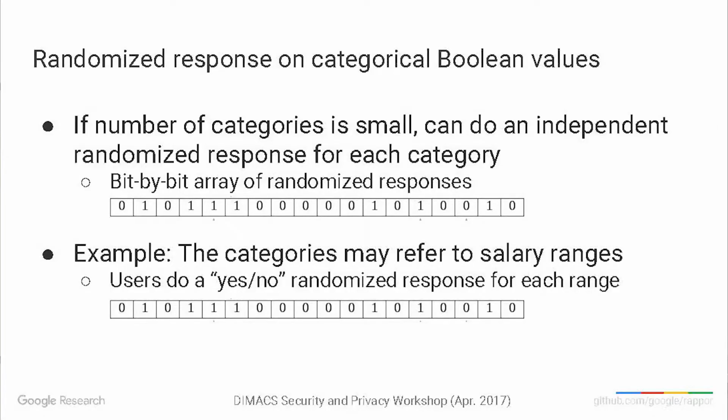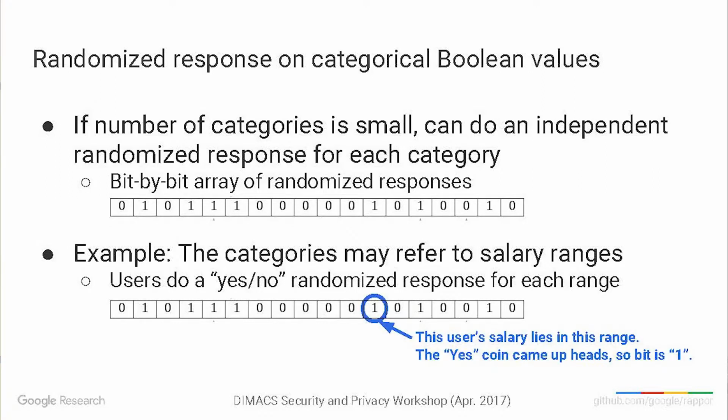You can then simply do bit-by-bit randomized response. And it turns out that that's still powerful, and you can still get things like averages of salaries, salary estimates, a good estimate of the max and min and things of that sort. So here's an example. If we see a bit vector that looks like this, it's not clear whether the user's salary is actually 1, or the user just happened to flip a coin and it shows up 1 here. So it provides you some amount of deniability about what a user's actual salary is.